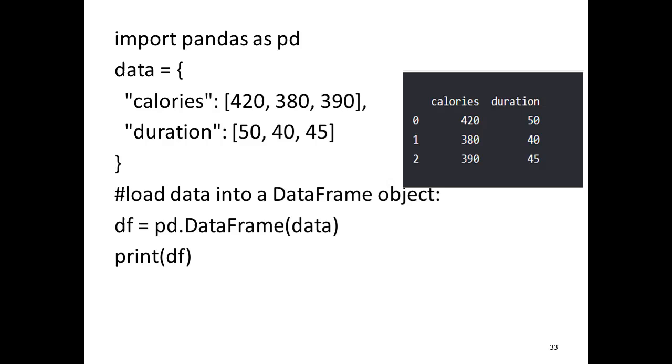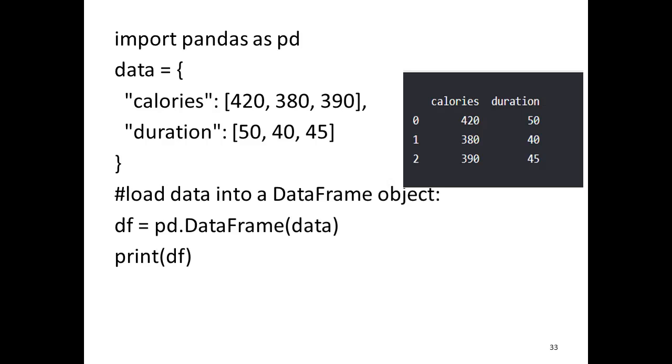The second column name is duration, and the respective values are 50, 40 and 45.